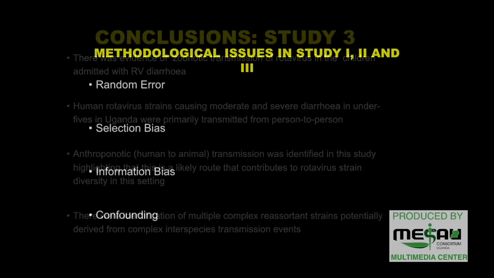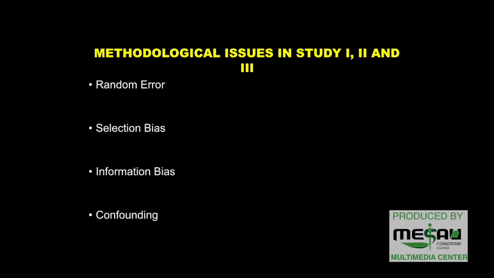So what are the methodological issues we had in our study? For the random error, we tried to calculate the sample size. We tried to get the sample size for each of the samples before we did the study to be able to minimize random error.